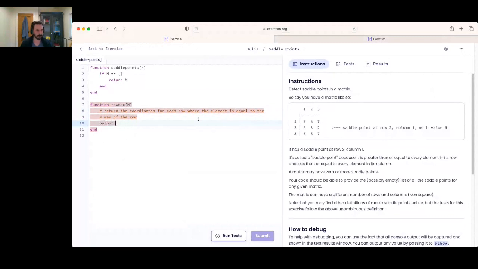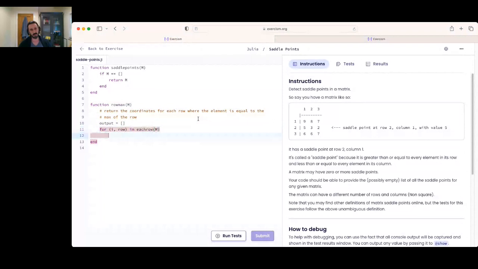Just going to make it an empty list for a moment. So we want to loop through each row. And we want to keep the index number of the row as well, because we're going to use that for our coordinates. So we can say i, row in each row.